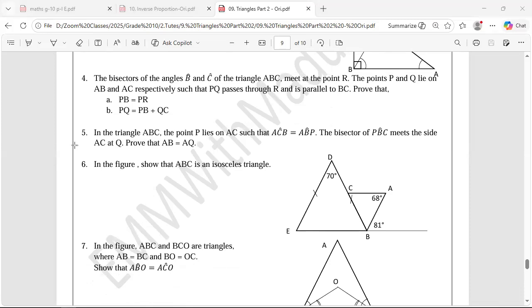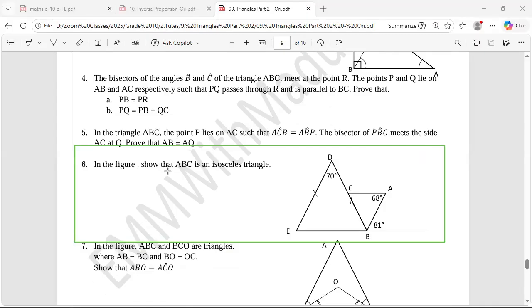Send me the magnitudes of angle ABC and angle ACB, so that I know that you can do this question. In the figure, show that ABC is an isosceles triangle. Do it fast.